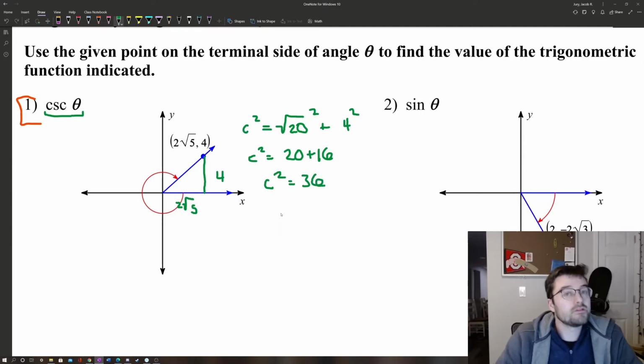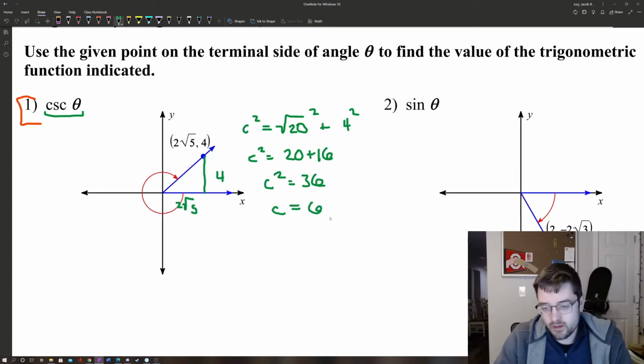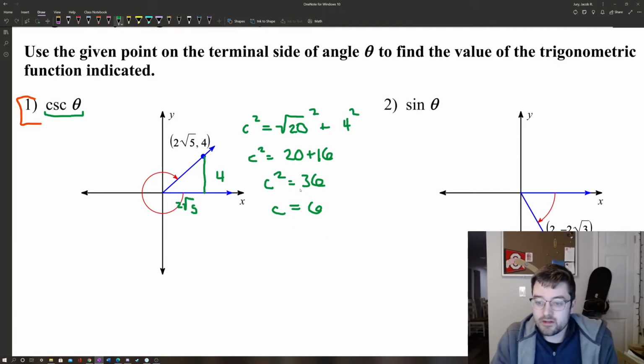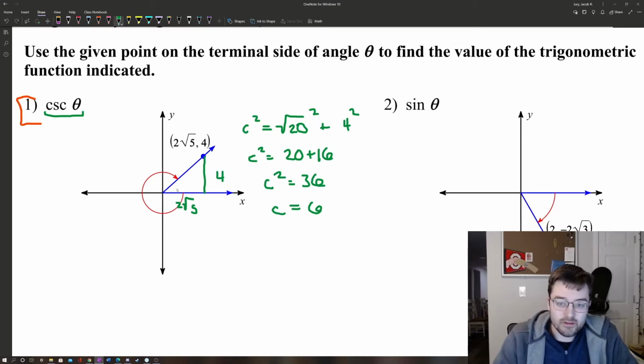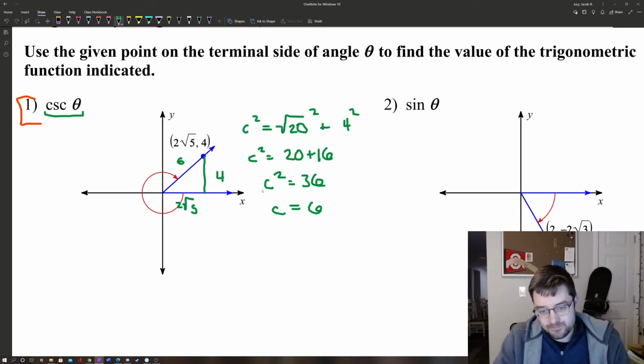And we are never choosing the negative answer here, so c is going to be equal to 6. And this might be where we could have gotten into a bad habit and forgot about the negative 6 solution, but in this case we do want to leave that out of our answer. So our third side, the hypotenuse, is 6.